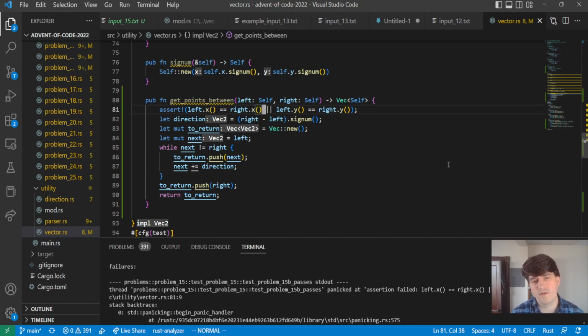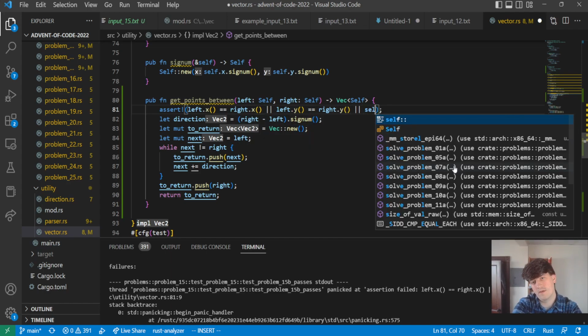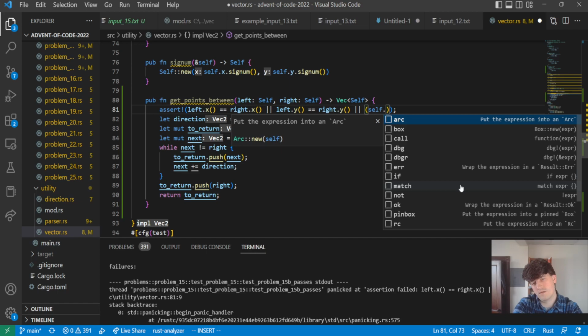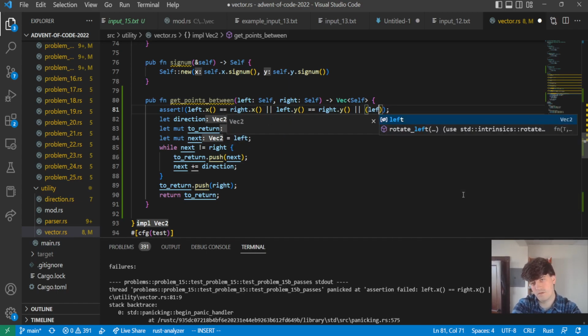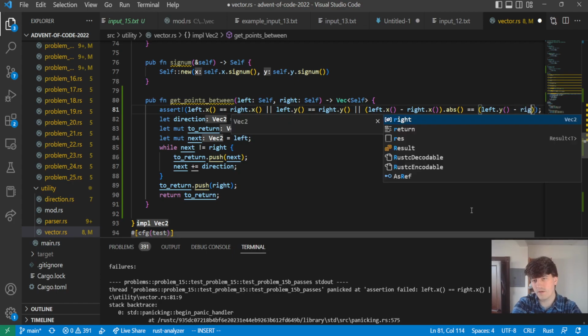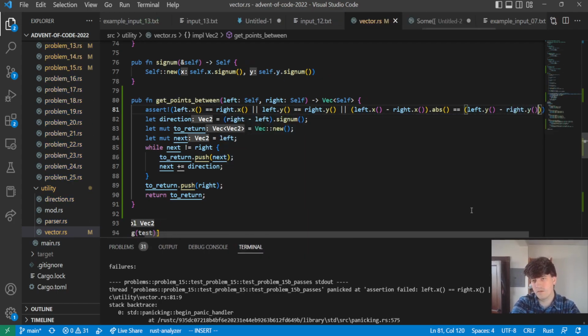So we would like to include diagonal lines in here, in which case we would need left dot x minus right dot x to equal the absolute value to equal left dot y minus right dot y dot absolute value.